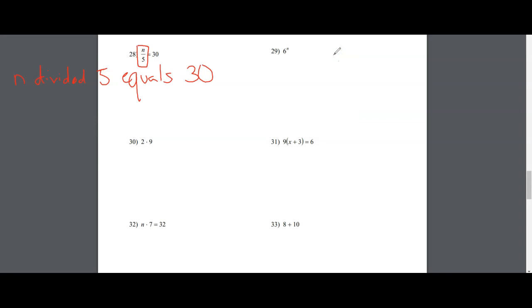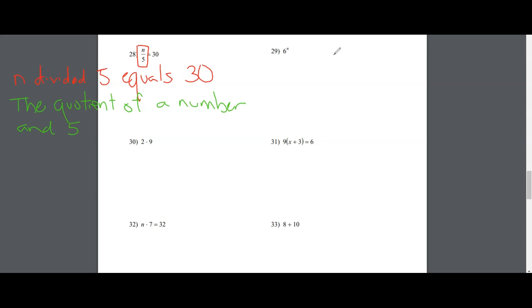So instead of just saying divided by, we have some other words for division. We have the quotient. So the quotient of, and instead of saying n, we'll just say a number. So the quotient of a number and 5.